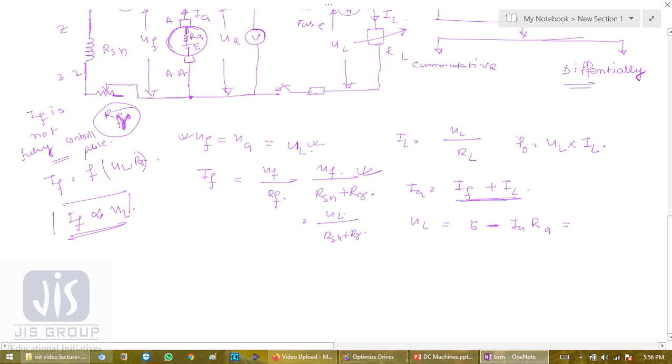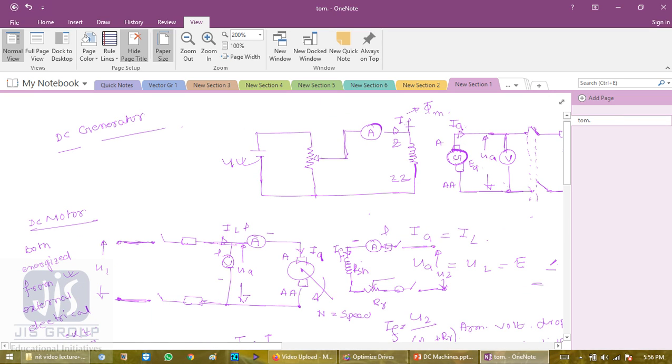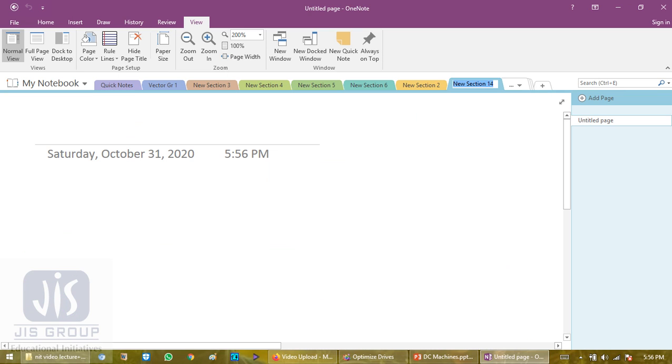Now let's discuss the DC shunt motor. From some external supply we have to provide the electrical energy, because now the electrical energy gets converted into mechanical energy.